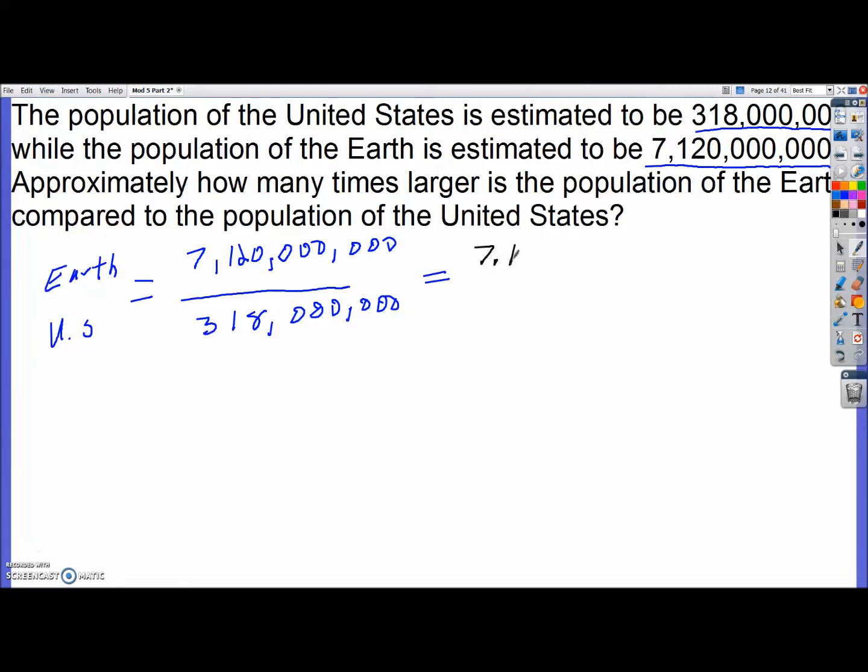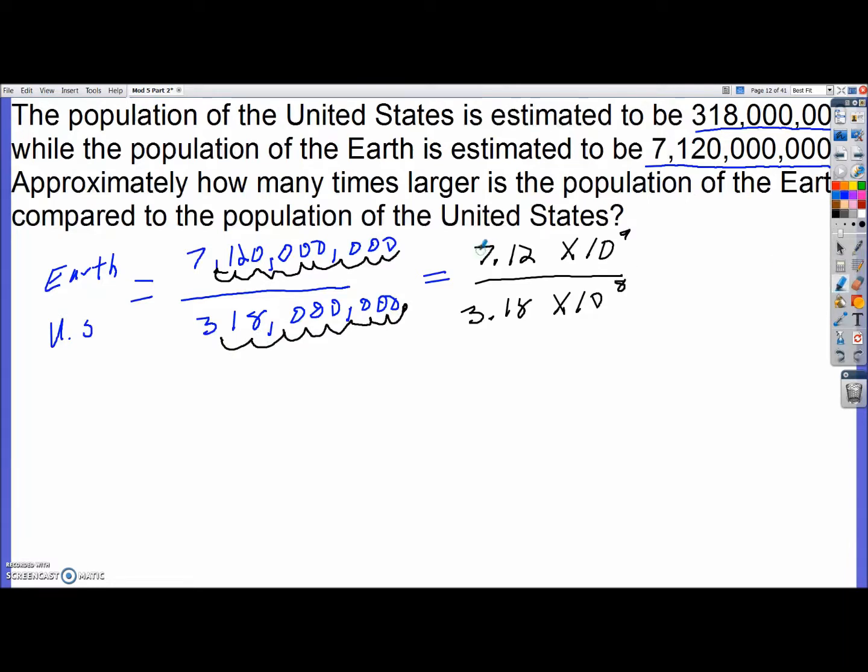This would be 7.12 times 10, and in order to do that, I move the decimal over 1, 2, 3, 4, 5, 6, 7, 8, 9 times. While on the denominator, it's 3.18 times 10. I move the decimal over here, 1, 2, 3, 4, 5, 6, 7, 8.